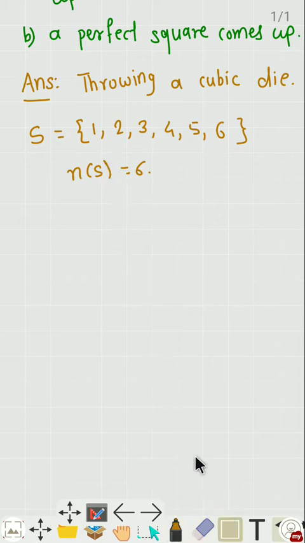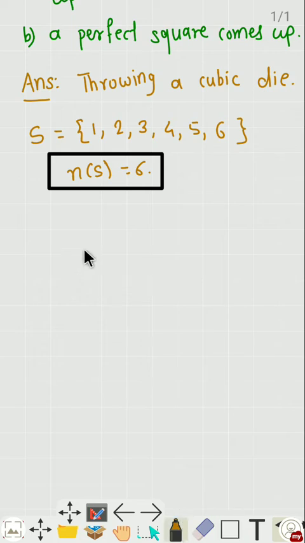Okay, so n of S is 6. Now let us go to the first case, case A. In the first case, the event is that an even number comes up. Let us call A the event of getting an even number.